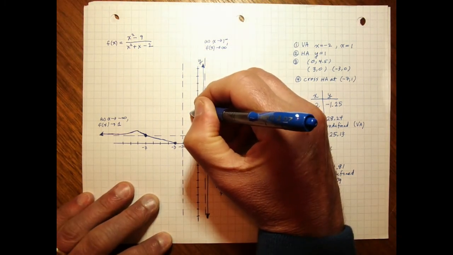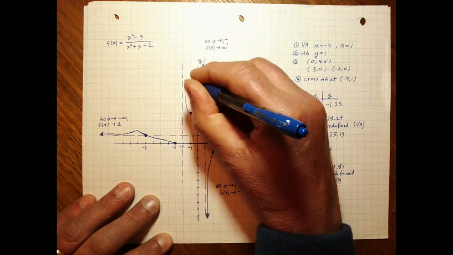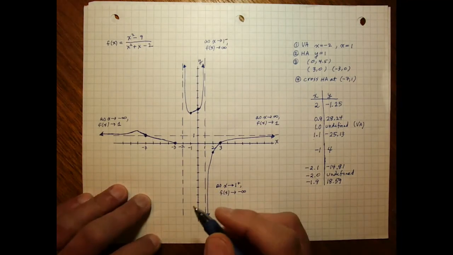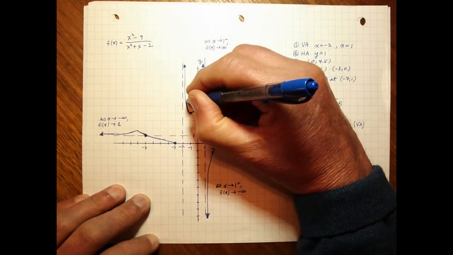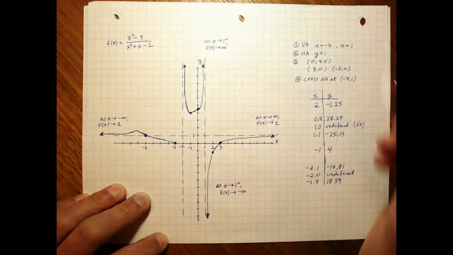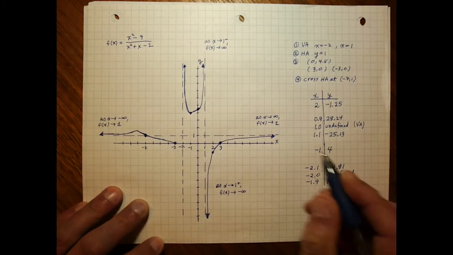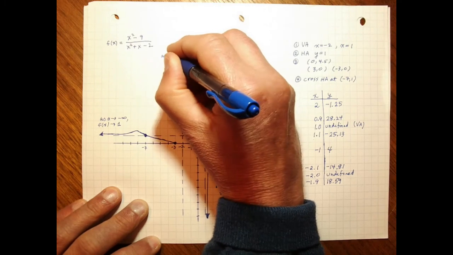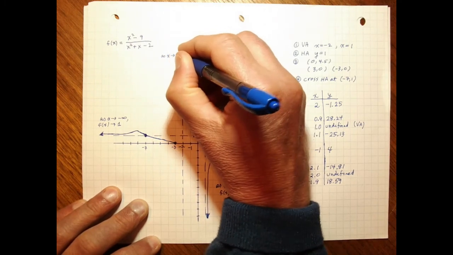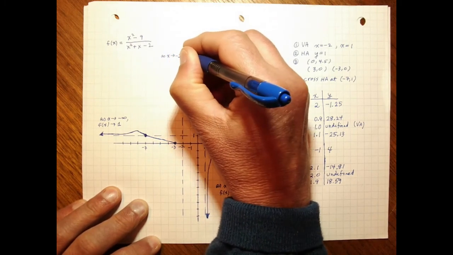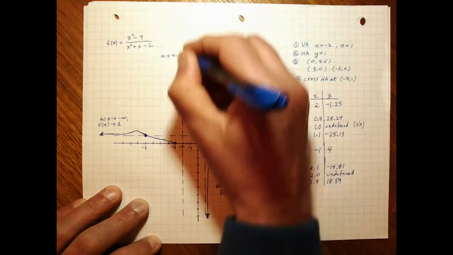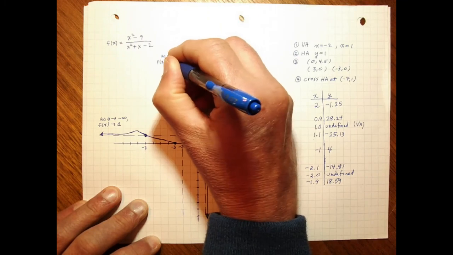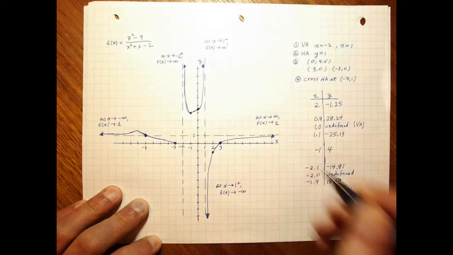That sort of confirms my suspicion that this graph had to go shooting up along the right-hand side of that vertical asymptote. Here we would say as x approaches -2 from the right, from slightly larger values, the y values approach infinity.